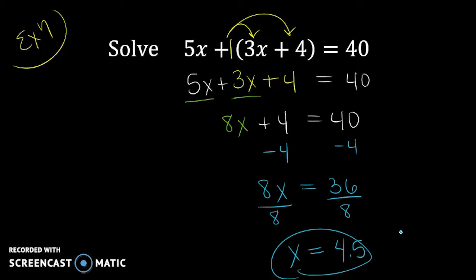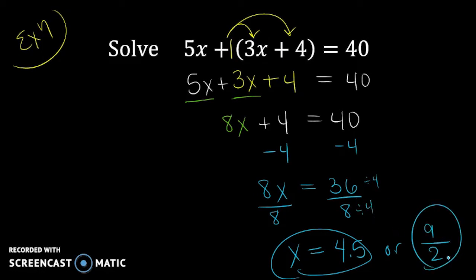Or you could leave it x equals 36 over 8, but you would have to put 36 over 8 in lowest terms. So they both have 2 in common. And then they both have 4 in common. So you could also have, let's see, 36 divided by 4 is 9, and 8 divided by 4 is 2.